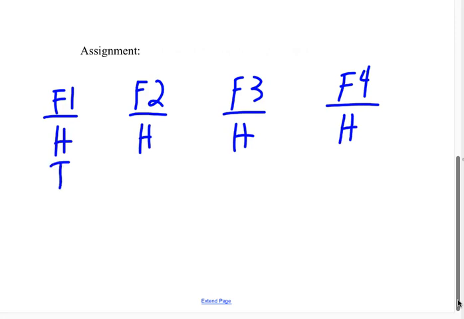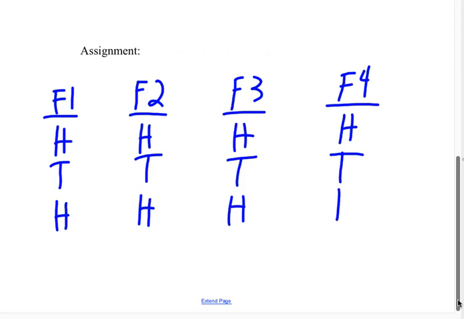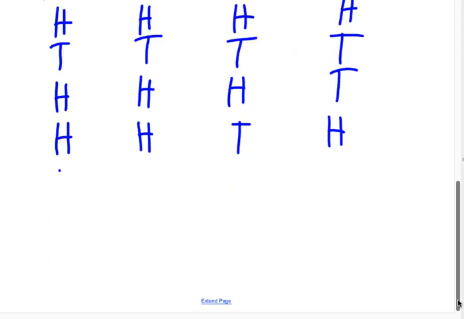We could have tails, tails, tails, tails. But what would happen if I had 3 heads and 1 tails? Now be careful. Since we're flipping these back to back, this option, heads, heads, tails, heads, is going to be slightly different than what you see above. And then this option, heads, tails, heads, heads, that is also different.